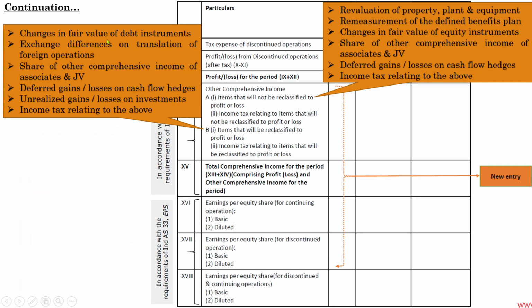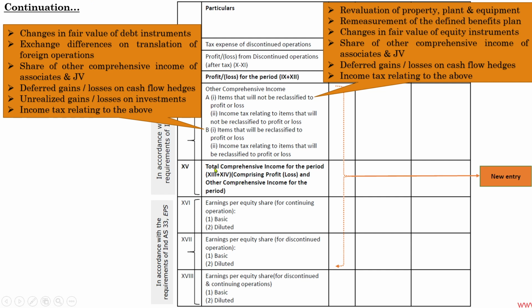It includes change in the fair value of debt instruments, exchange differences on translation of foreign operations, deferred gains or losses on cash flow hedges, share of other comprehensive income of associates and joint ventures, unrealized gains or losses on investment, and second one, income tax relating to the above heads. So these are items that come under other comprehensive income.